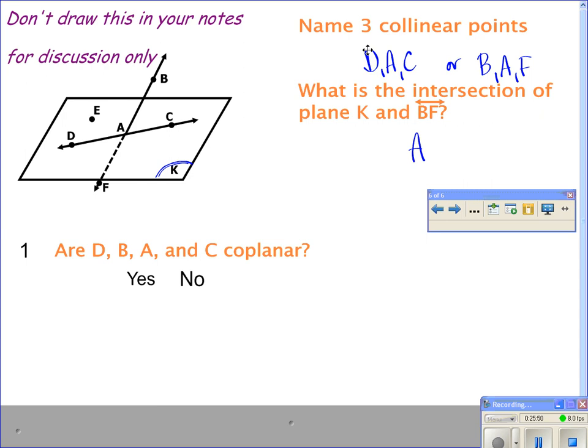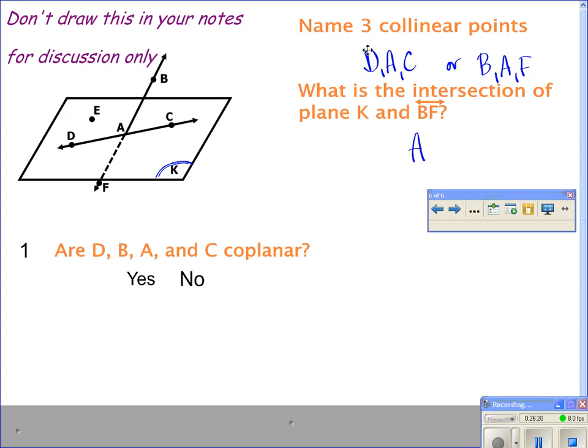Argue it. What do you think? Remember, coplanar means that the flat surface touches all of them. So the question is, could a flat surface, imagine a piece of paper or a book cover, so that it stays flat, could a book cover touch D, A, C, and B?